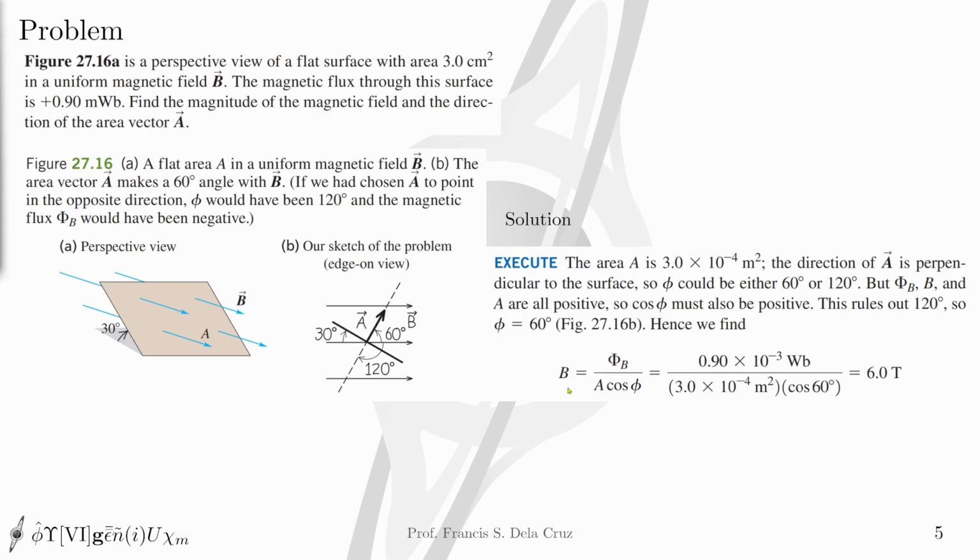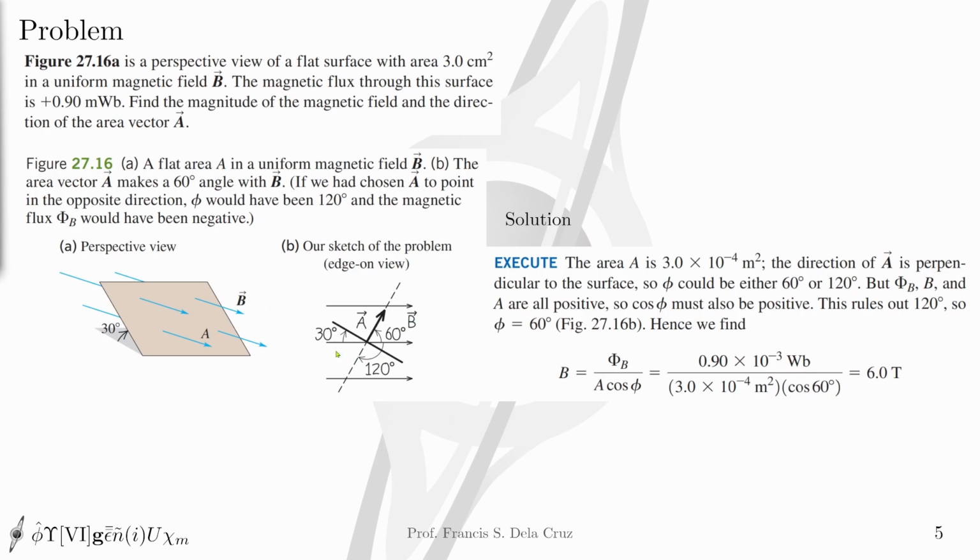So remember, B dot dA, or now B dot A, will give you BA cosine phi. So what is the phi? The phi is the angle between the surface normal and the magnetic field. Now we were given this plane, which is inclined 30 degrees. We want to know the surface normal, the unit vector that is perpendicular to the surface. For us to do that, we look at this sketch.